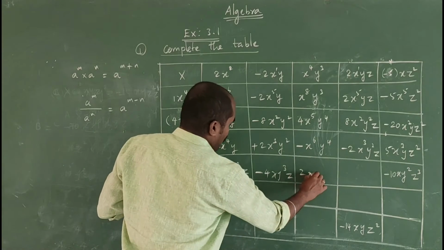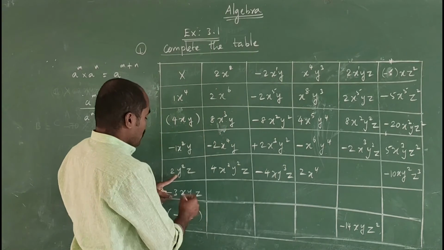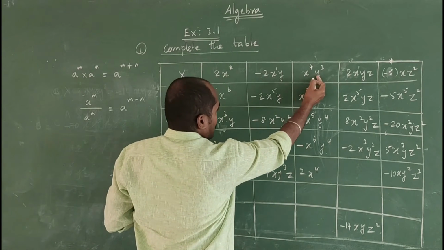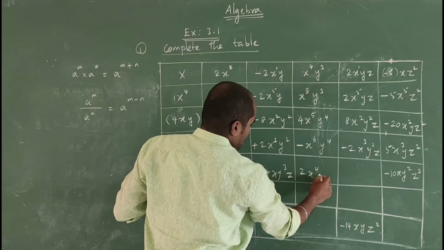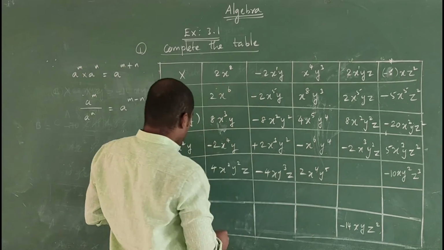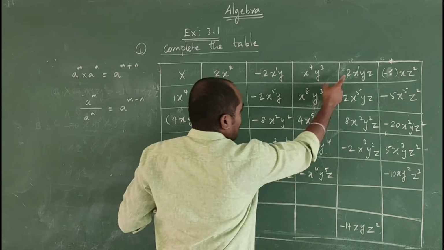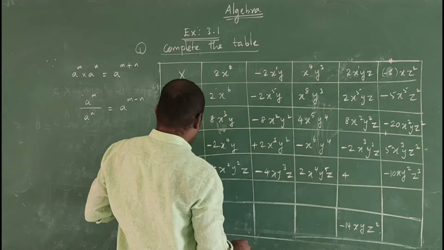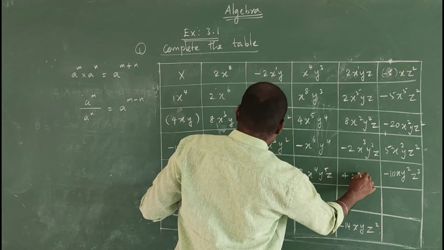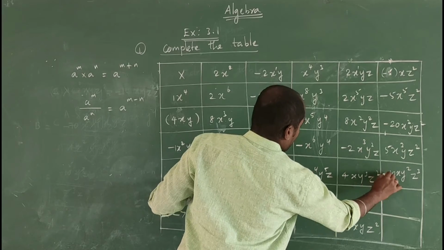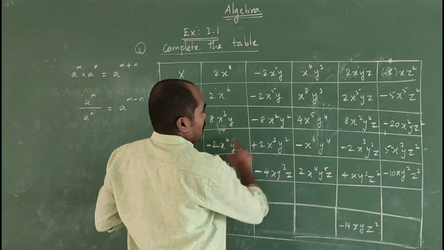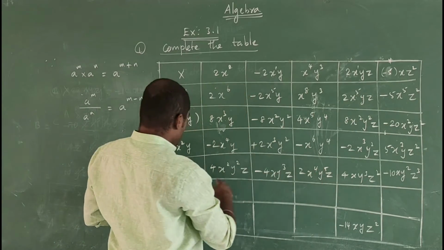X power 4. Minus is x power 4. Y square into y cube is y power 5. Next one, 2 2s are 4. X into y cube into z square, because y square into y is y cube.